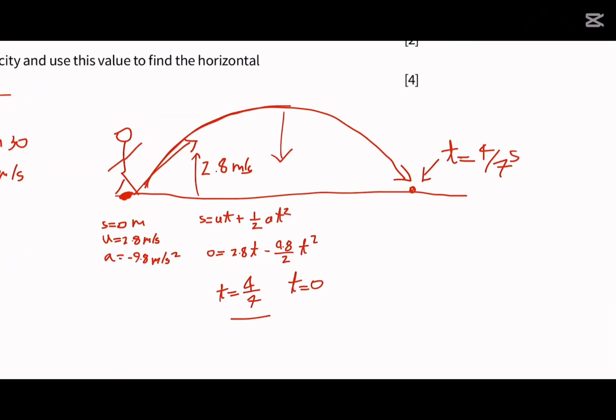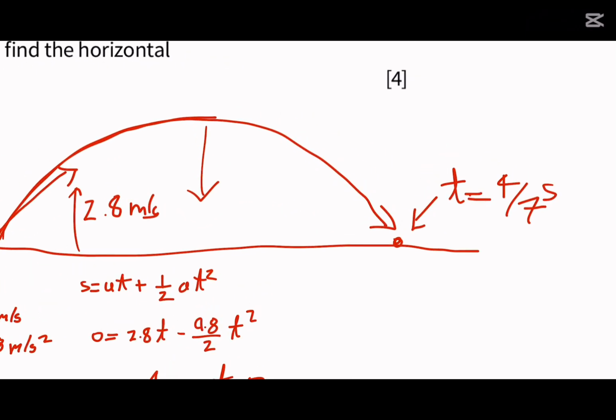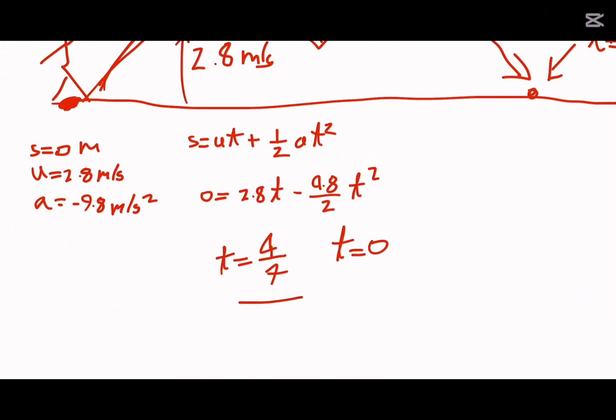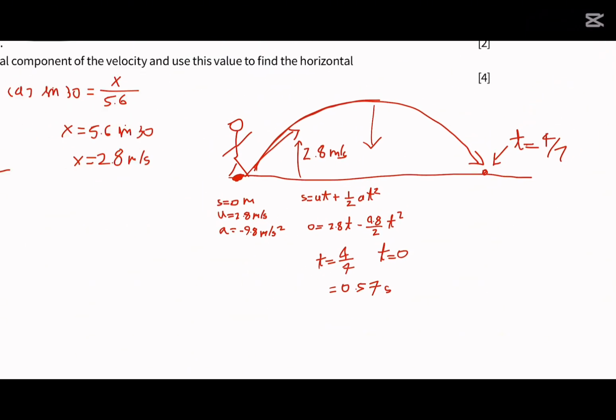Changing that into decimals, 4 over 7 gives 0.57 seconds.